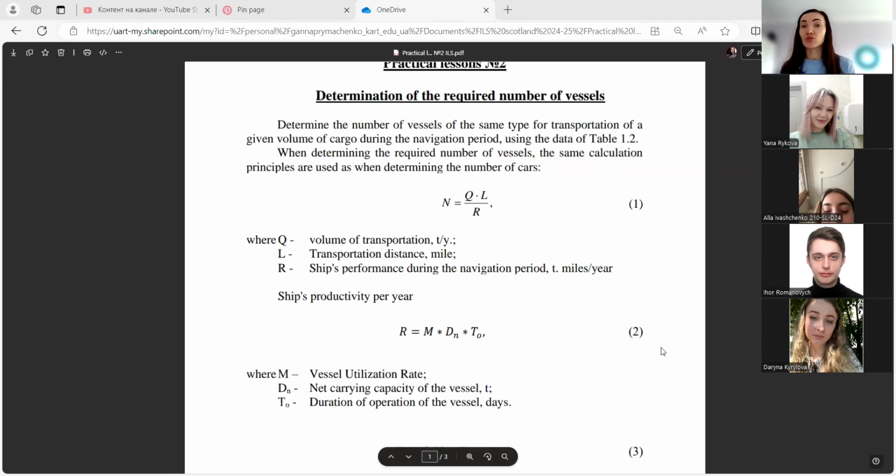We decided it already, so find please for your variant how many ton-miles per year we have. So write is equal to and find how many vessels we need.